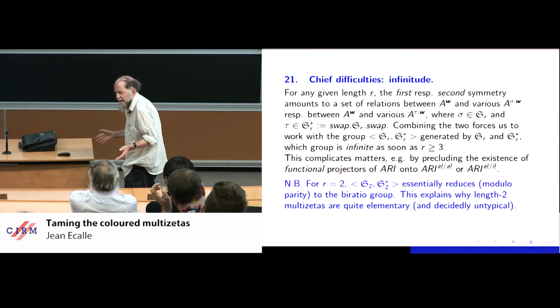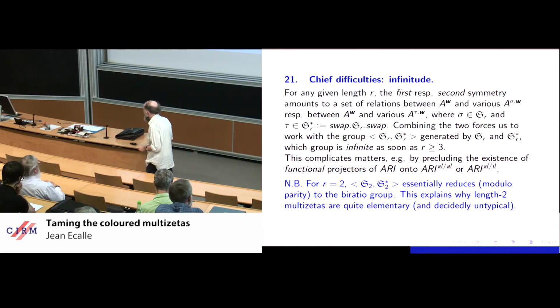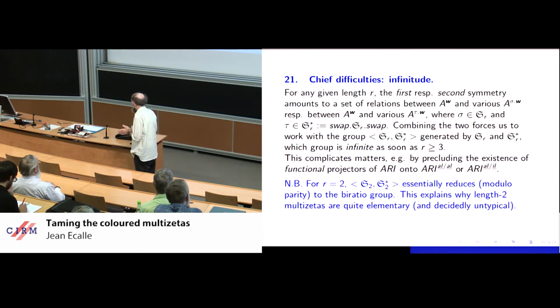Each of them is finite, of course, but the 2 together, when you combine them in one system of coordinates in the original W's, generate an infinite group, except for r equal 2. This is precisely the reason why length 2 multizetas are so elementary and uninteresting.